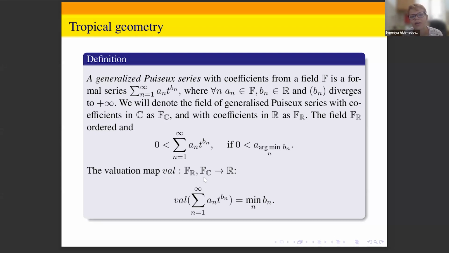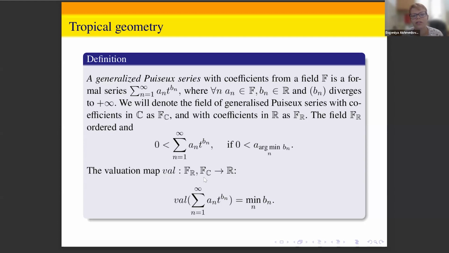So we always have a minimal power in this series. And the valuation is a map that takes a series into the minimal power of a term in it.